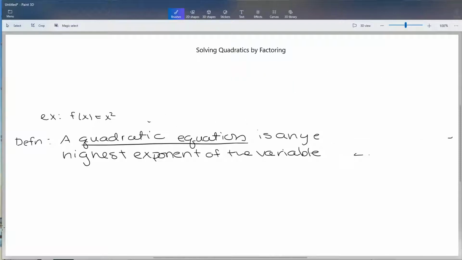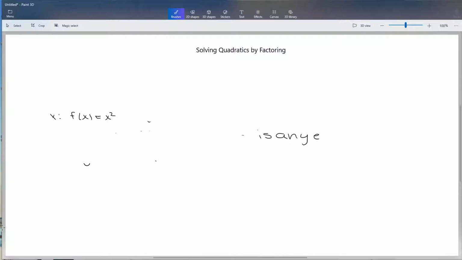Okay, now that we've reviewed all of the different methods of factoring, let's talk about how we are going to use them. Okay, so our plan is to move all of the terms to one side.